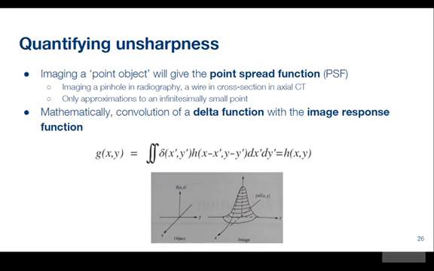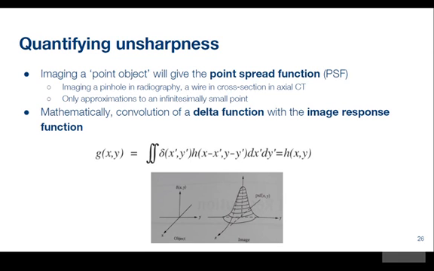Now, mathematically, we can think of the ideal scenario. What's the smallest point object we can have? Well, it's the delta function. So what would the image be if we imaged a delta function?